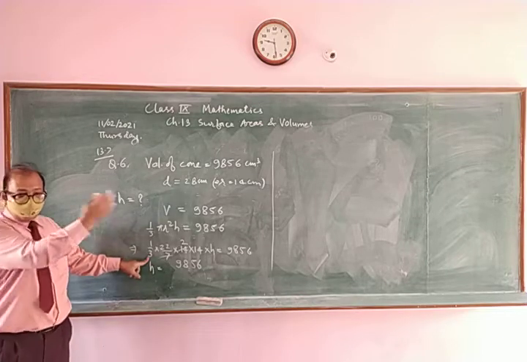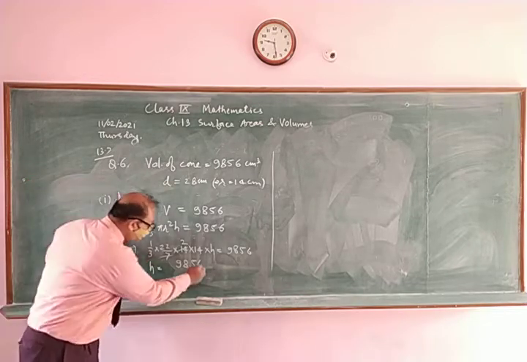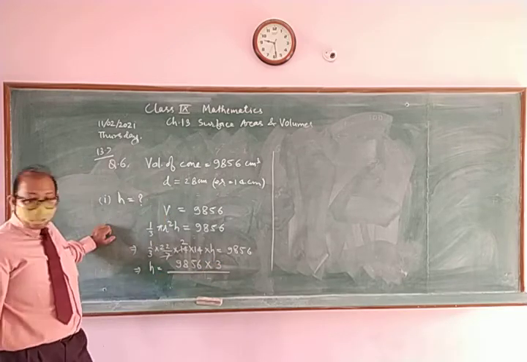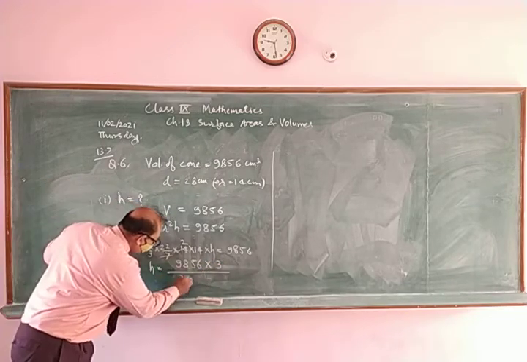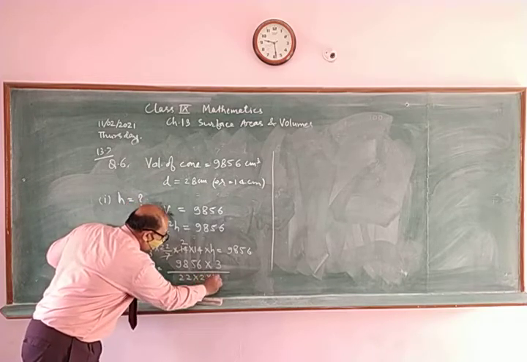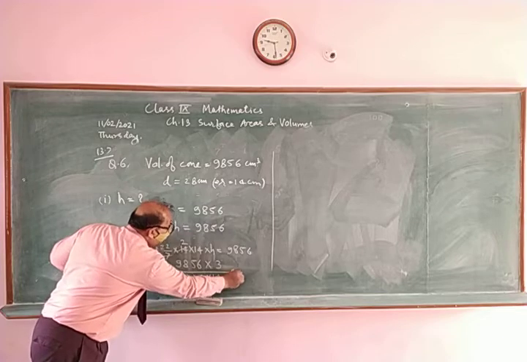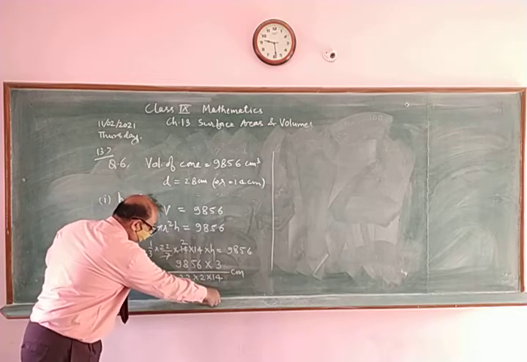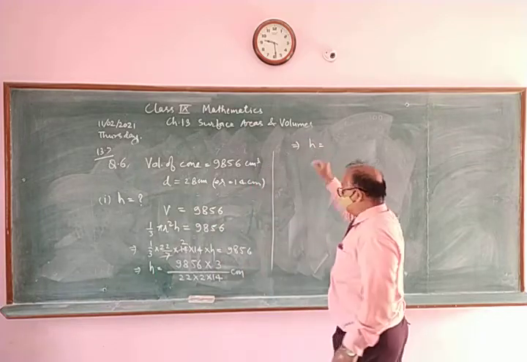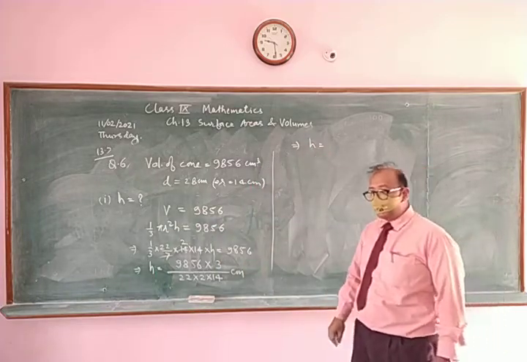When it goes to the other side, it will be in the multiplication. Upon 22 into 2 into 14 centimeter. Now cut it. Find out the value of h.